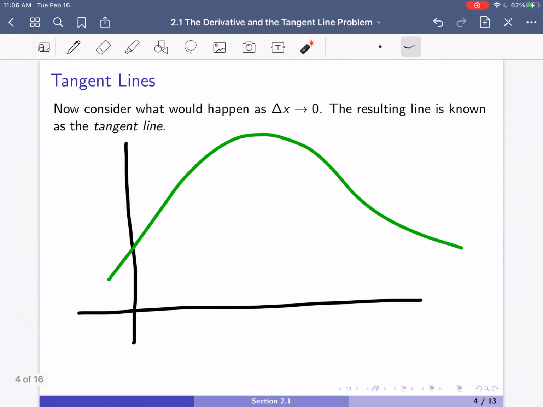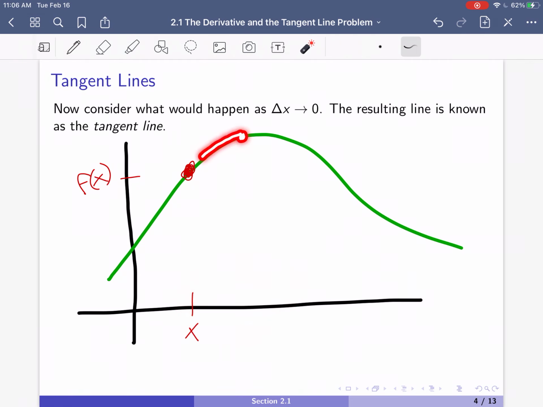So that's what we have for a tangent line. So a tangent line at some point here, let's say at x. A tangent line, we think of it as hitting the function at a single point. And so we draw this line that intersects at a single point.